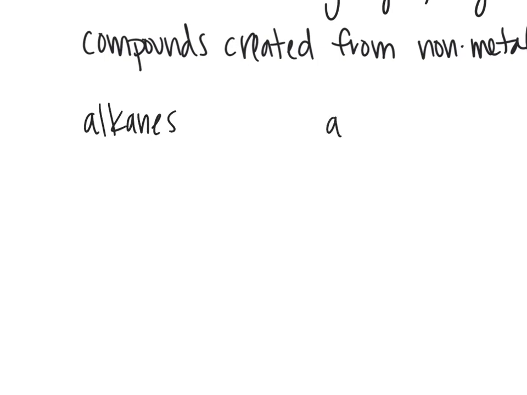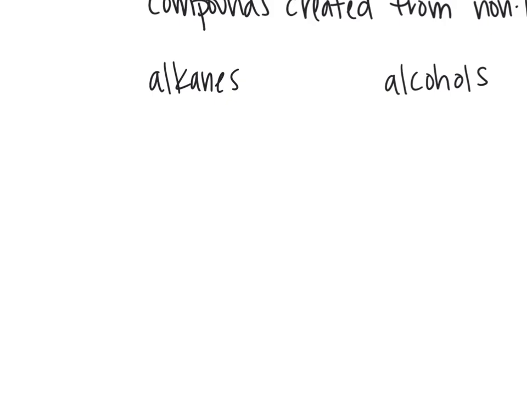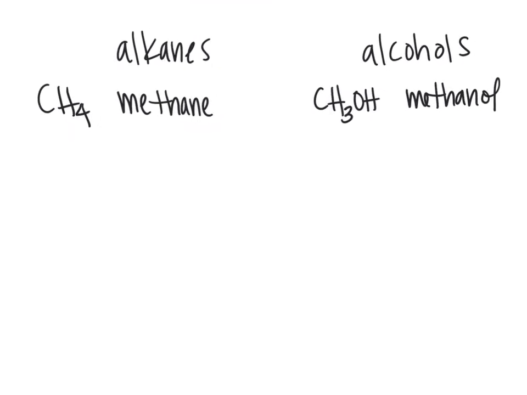and then we're going to look at the alcohols. So the first one we're going to meet is CH4, and that's methane. When methane turns into an alcohol, we get CH3OH, and that's methanol. The next one we want to learn is C2H6, which is ethane.